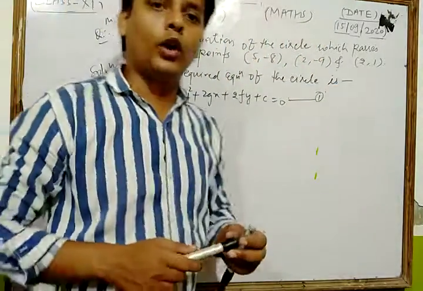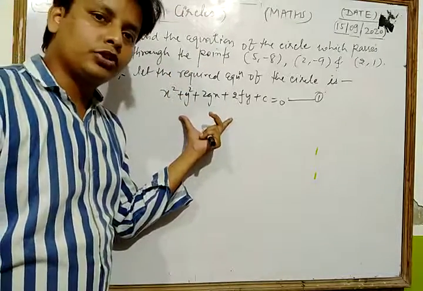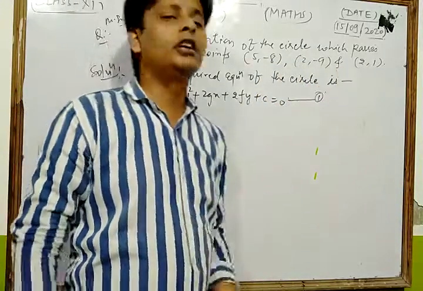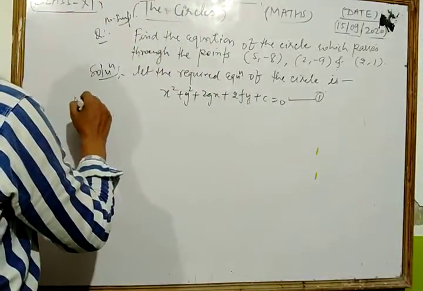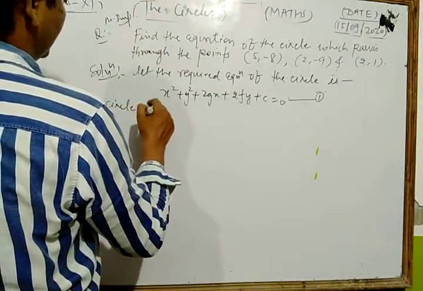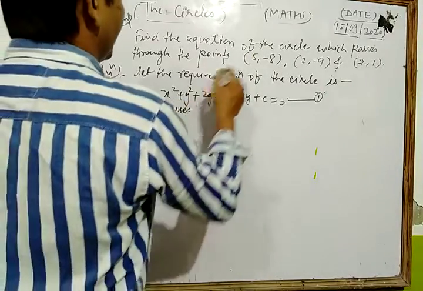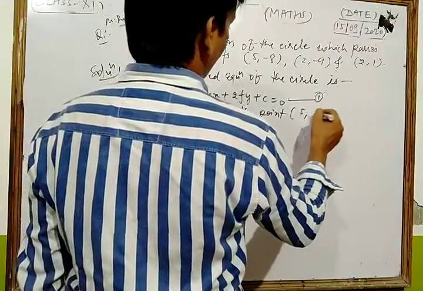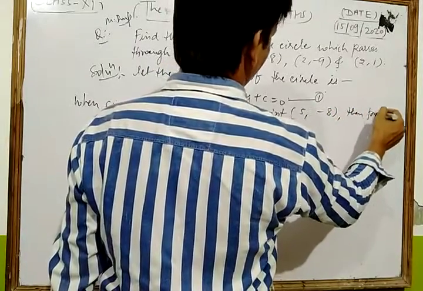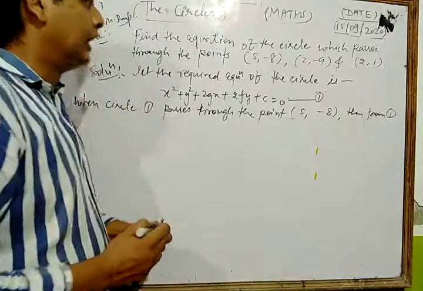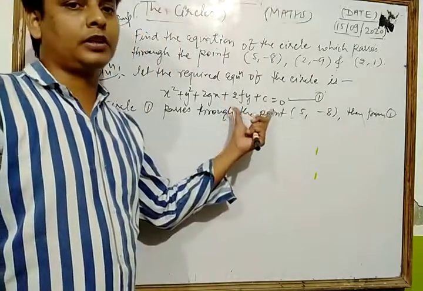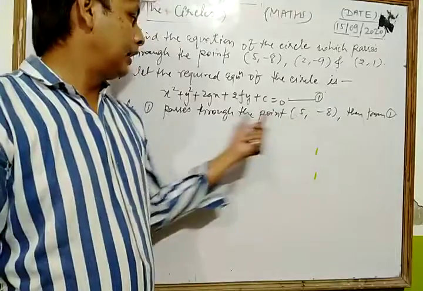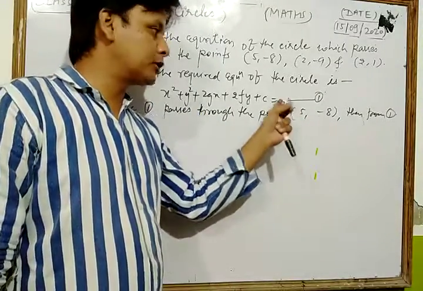Now look, what do I do? Dear students, the required equation of the circle passes through these points 5 comma minus 8, 2 comma minus 9 and 2 comma 1. When the circle first passes through the point 5 comma minus 8, then from equation 1, it must satisfy equation 1.